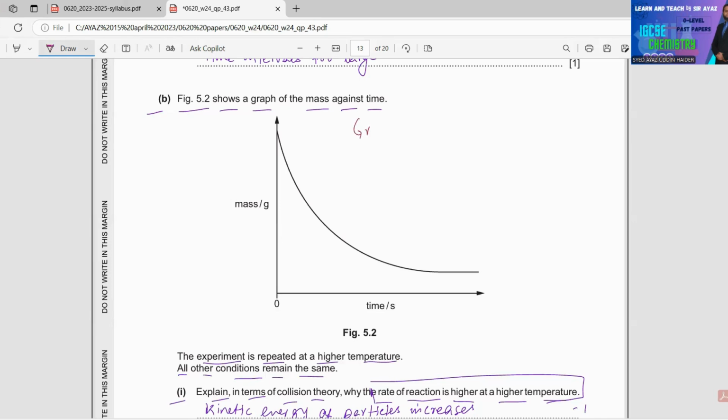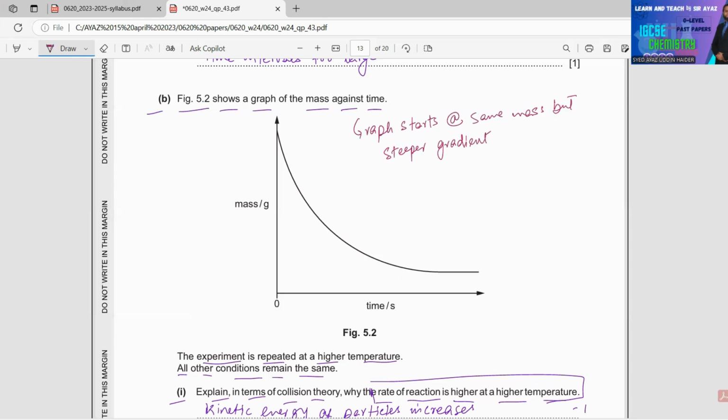Graph starts at same mass, but steeper gradient. What else?